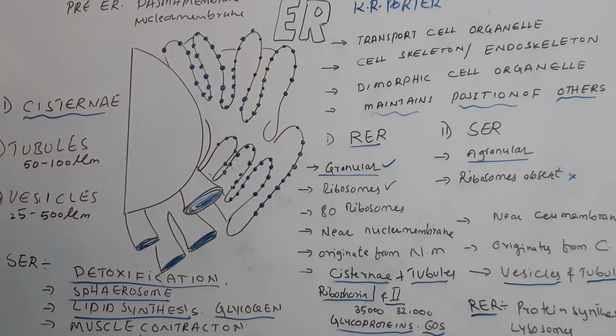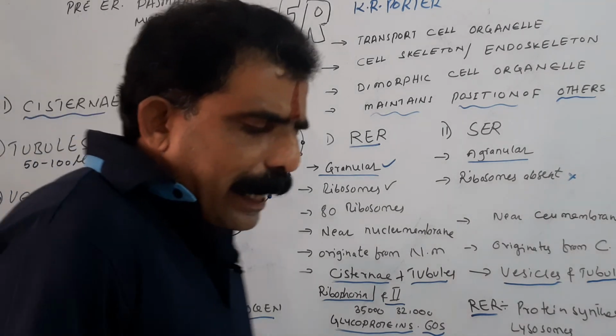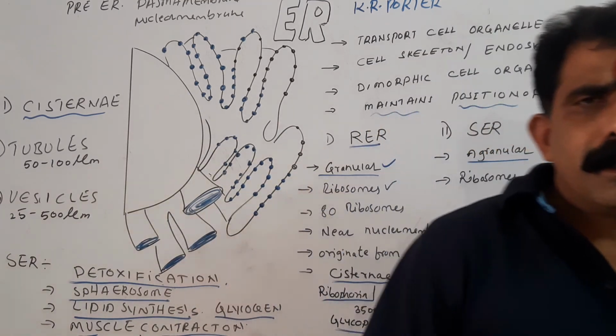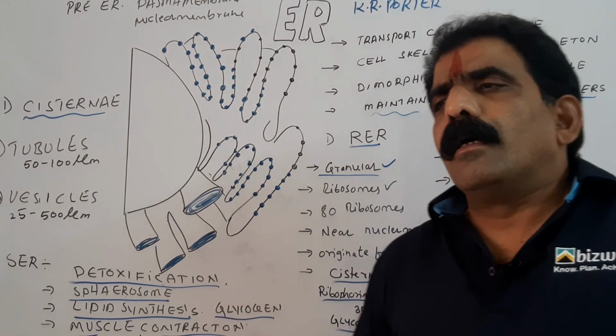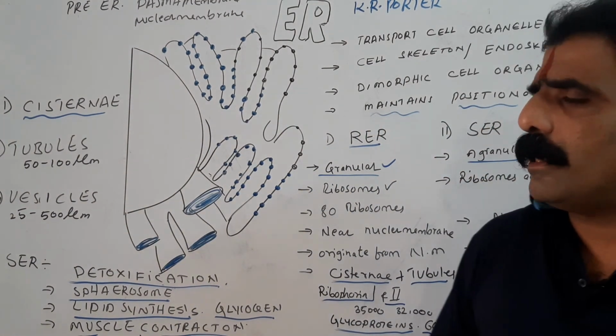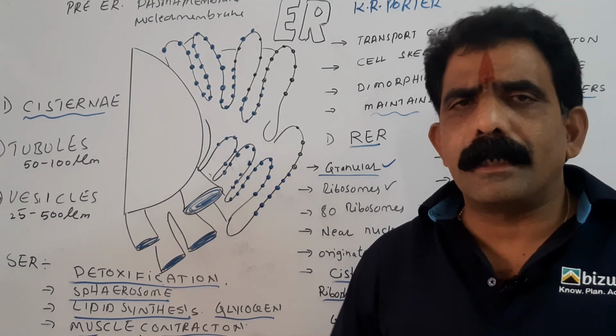The smooth endoplasmic reticulum also is involved in muscle contraction by releasing and uptake of calcium ions. The endoplasmic reticulum present in muscles is called sarcoplasmic reticulum.